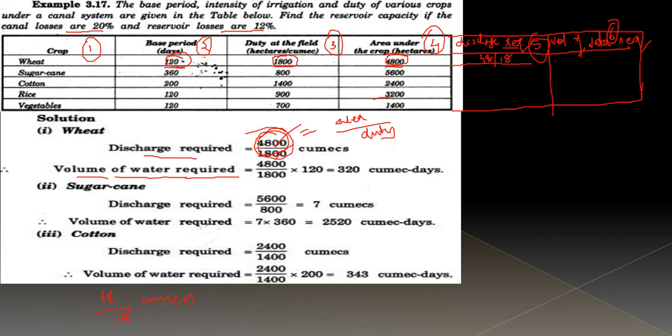How can we find that? This cumec means 48 by 18 meter cube per second. So multiply it with the time period, you will get the volume, that is 48 by 18 into 120 days. If we multiply it by 120, you will get 320 cubic days.